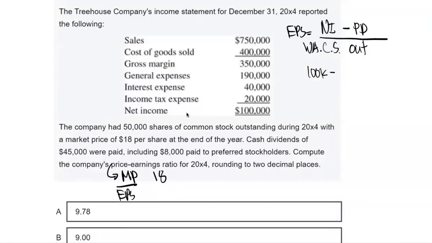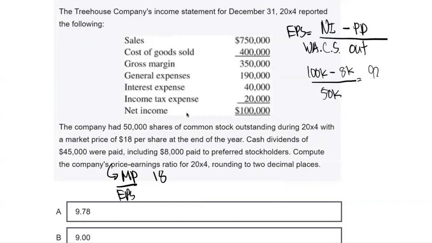How much is our preferred dividend? 8,000. Deduct. Divide it by how much is our common stock outstanding? 50,000 shares.